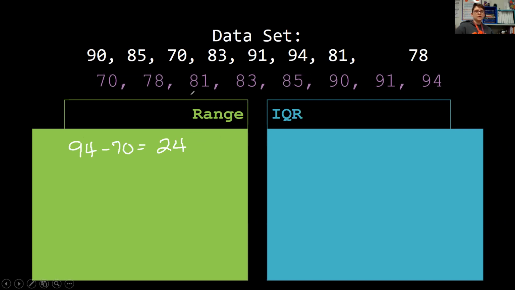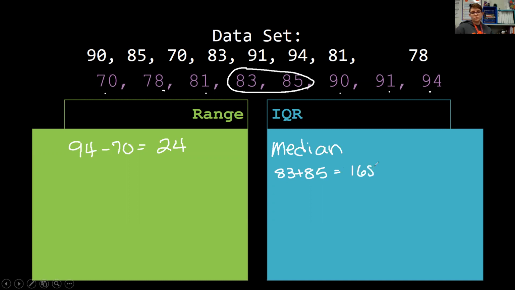The IQR, again, we have to find the median. In this case, we have two numbers in the middle, 83 and 85. So we're going to take the average of those. We add and divide by 2 and get that our median is 84.